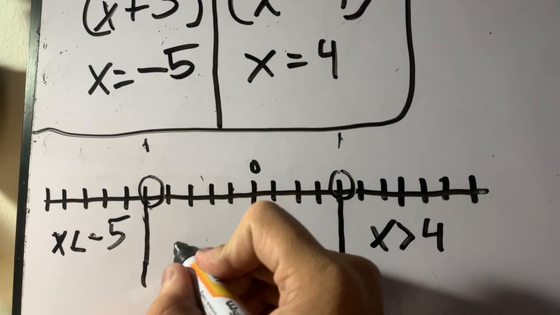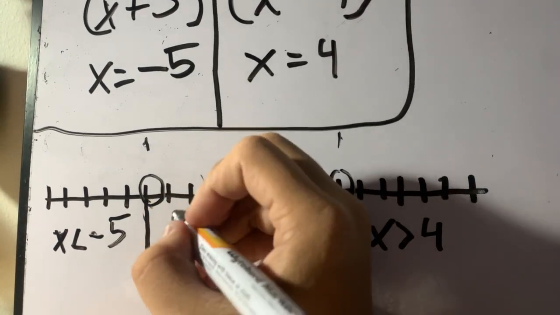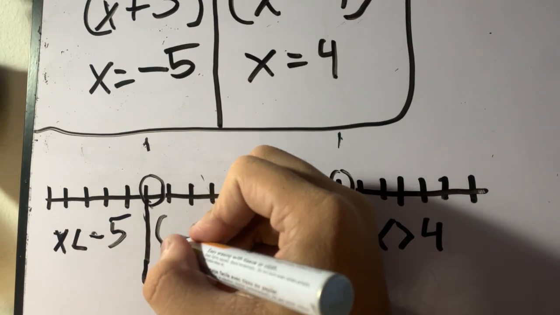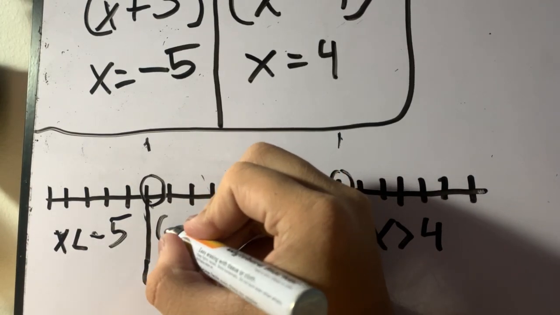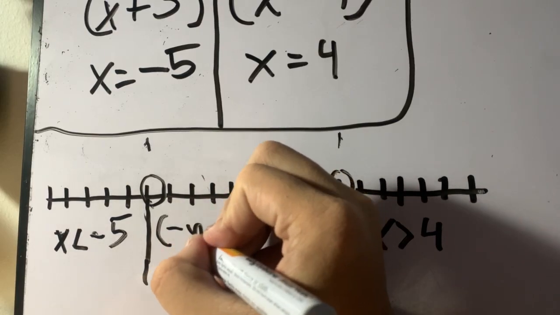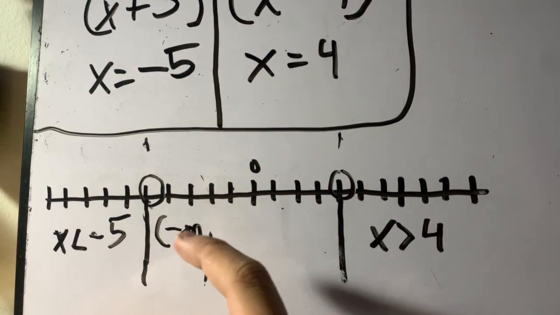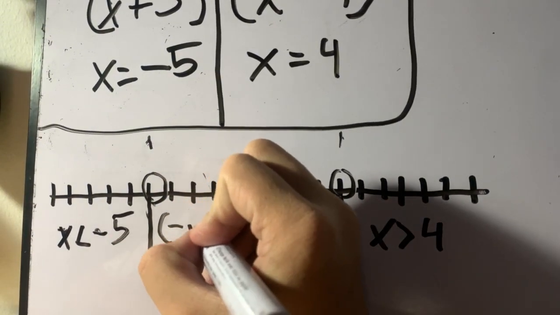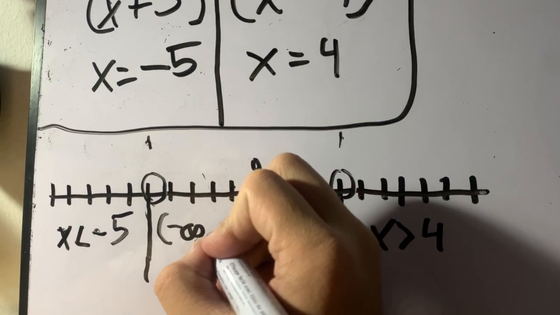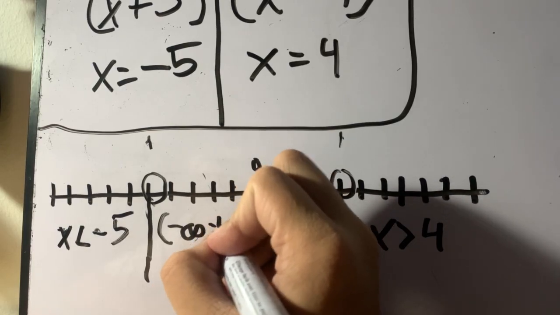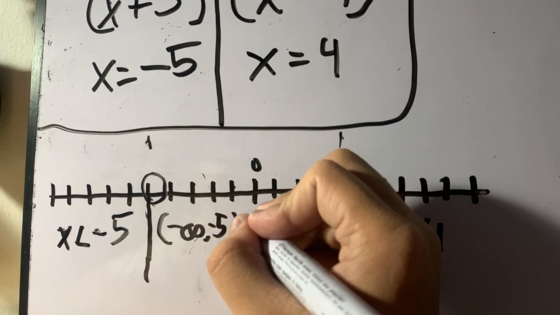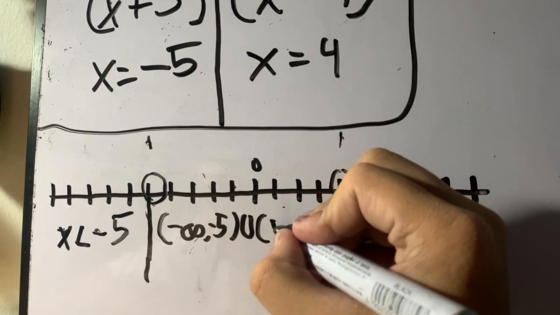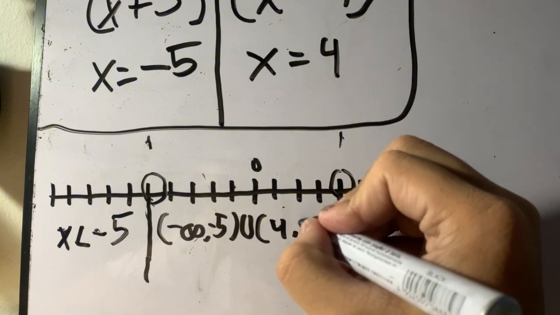So now this is the tricky one because this is long. So I will put this in interval notation. So negative infinity, sorry for the pangit na infinity, not that good, and negative 5 is union to 4 infinity.